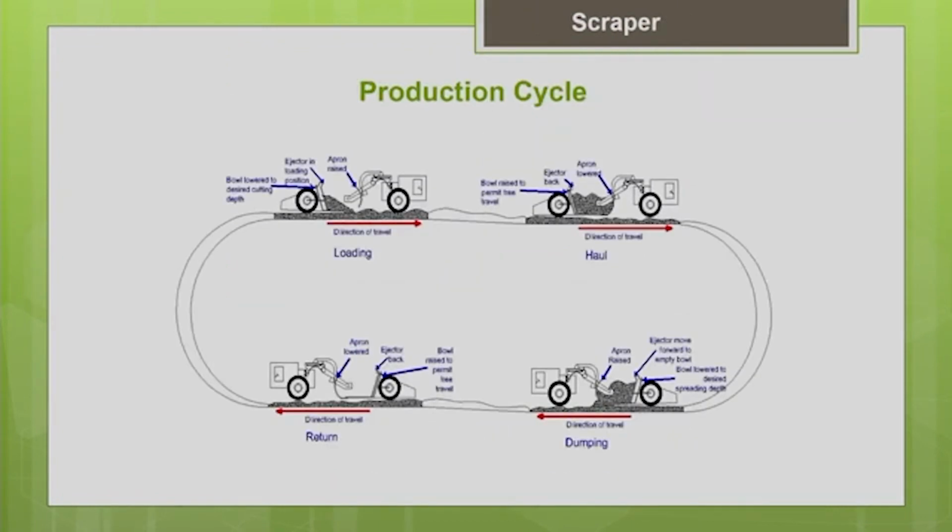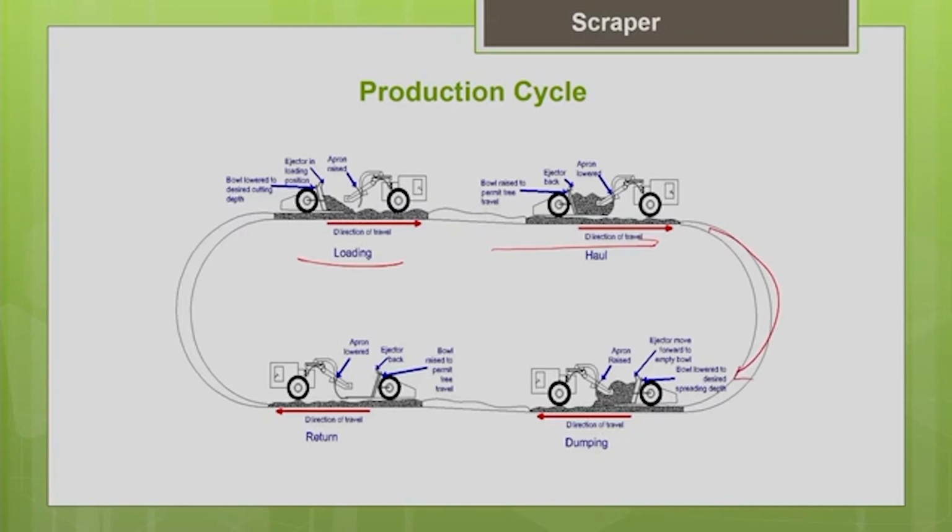Now, let us see the components of the production cycle of a scraper. The scraper first does the loading operation, cutting the earth and filling the bowl. Once the bowl is completely filled, you raise the bowl and haul the material until it reaches the dumping site. In this picture it is turning first, then dumping; it varies from project to project.